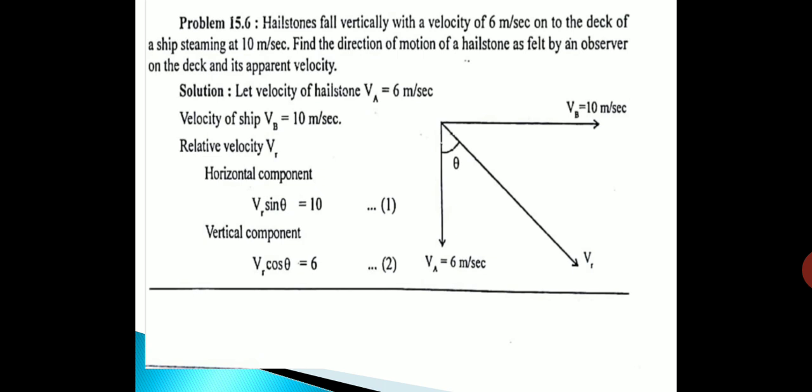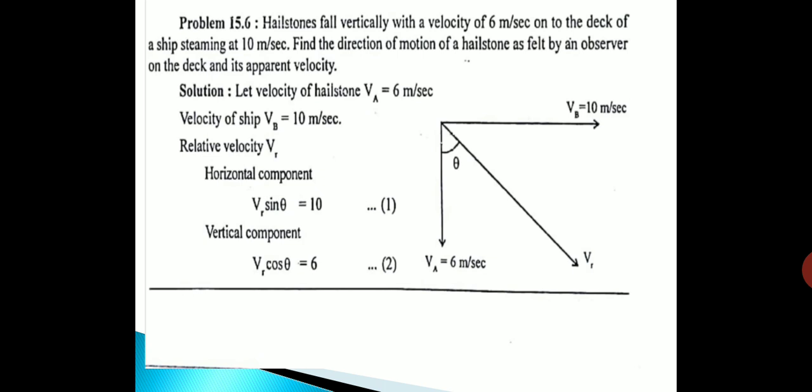What we want to find here is the direction of motion of the hailstones which are falling along with the rainfall, as felt by the observer standing on the deck, and its apparent velocity. When you are standing on an open terrace or a balcony in the rainfall, the rain doesn't come down exactly perpendicular to your surface or slab.